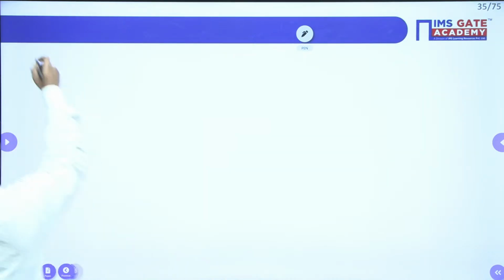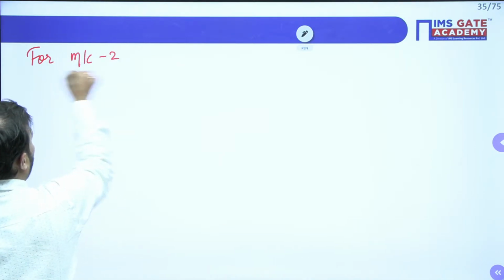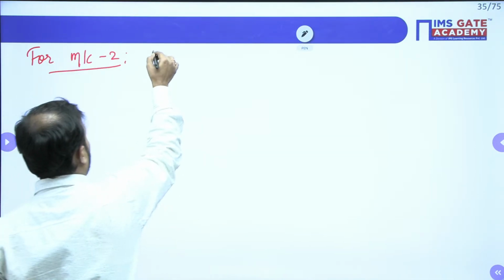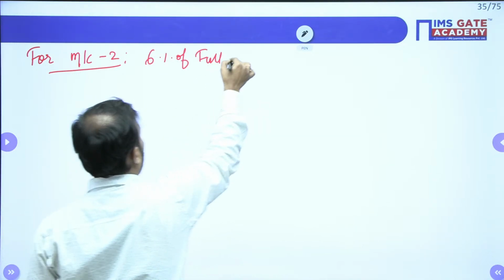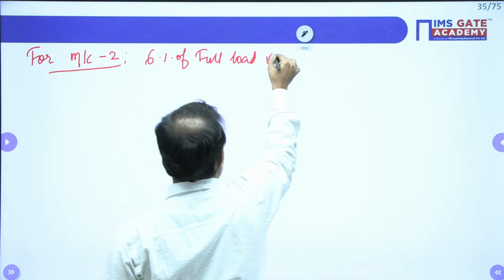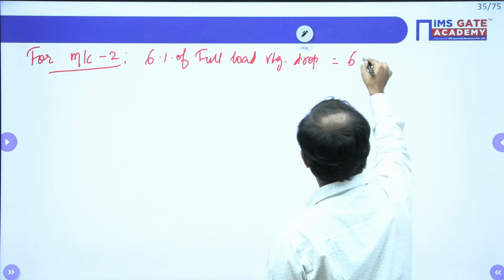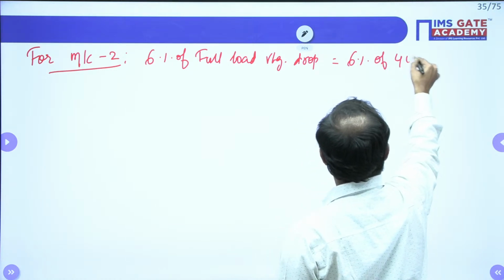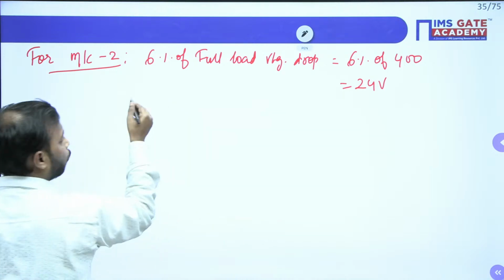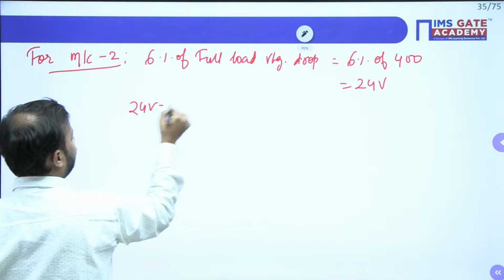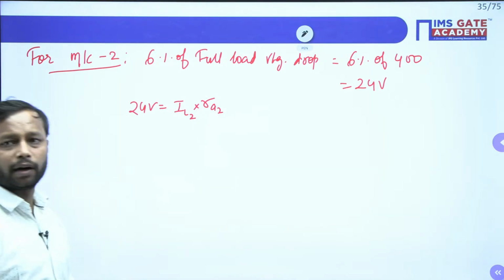Okay. Now for machine 2, 6% full load voltage drop. So this is basically 6% of 400, which is equal to 24 volt. Now this 24 volt is equal to IL2 into the armature resistance of the second generator, RA2.